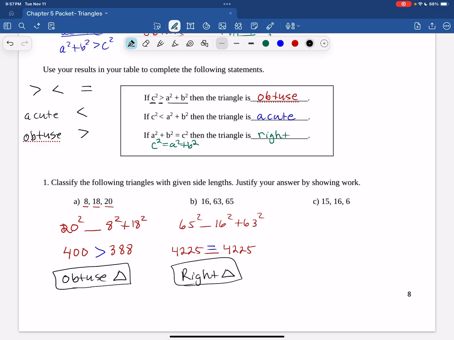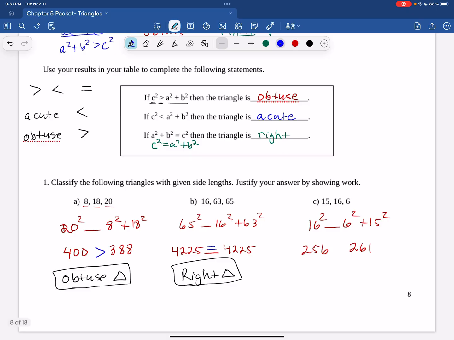All right, and then letter C. We've got to make sure we pick the largest one, which is 16, and compare that to 6 squared and 15 squared. So 16 squared is 256, and 6 squared plus 15 squared is 261.